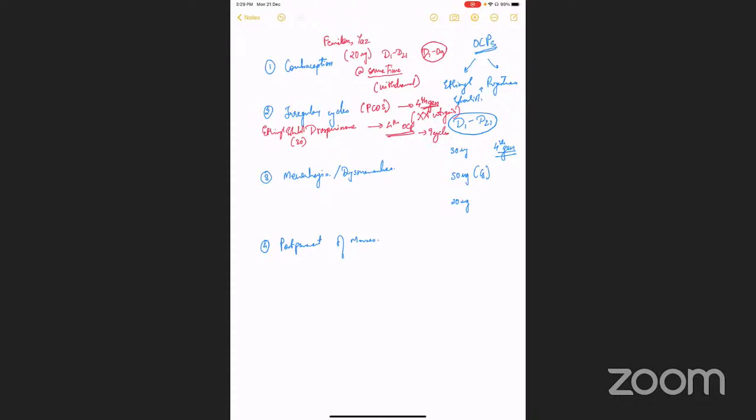The only exception to this entire rule is when your patient, along with all this, is also having something called hirsutism. That means when they have hyperandrogenism along with PCOS, and hirsutism as a character, then you should use something which has ethinyl estradiol, and along with that, an anti-androgen.